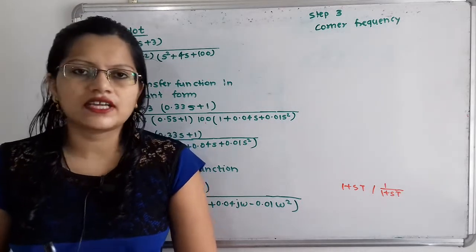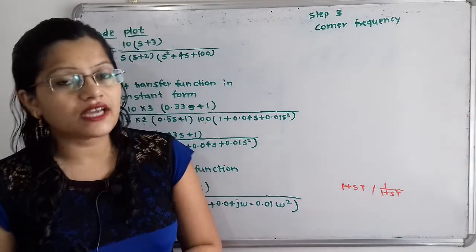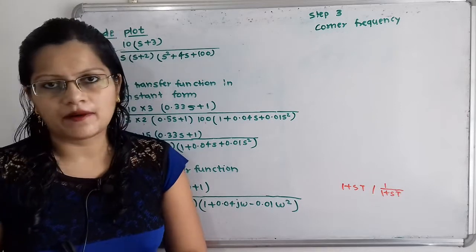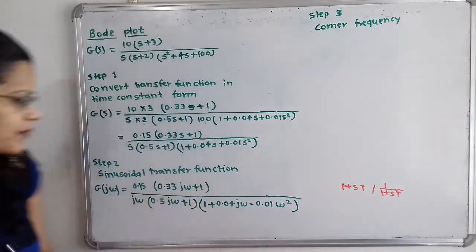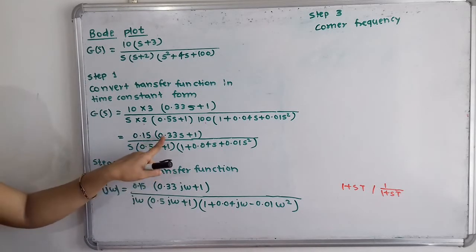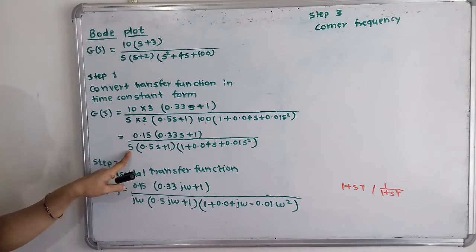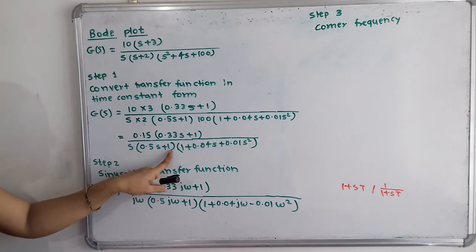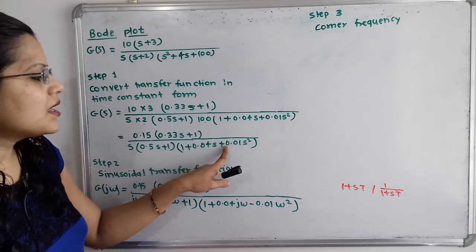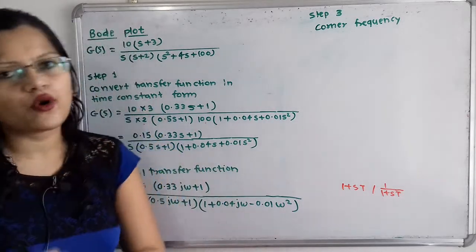In the second step we have to write the sinusoidal transfer function. So how to write it? Instead of s we have to write j omega, so replace s with j omega. G of j omega is equal to 0.15 in the bracket, 0.33 j omega plus 1, divided by j omega (0.5 j omega plus 1), and in the second bracket 1 plus 0.04 j omega plus 0.01 j square omega square.